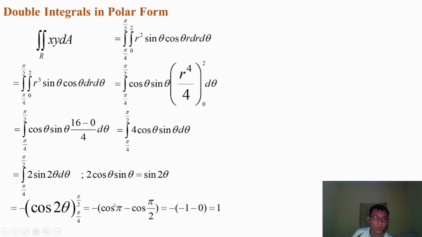And this one is equal to negative of cosine of pi minus cosine of pi over 2. And cosine of pi minus cosine of pi over 2 is equal to negative 1 minus 0. So then we get negative 1 multiplied by negative 1, and our answer is 1. And here is the answer of our example 2.